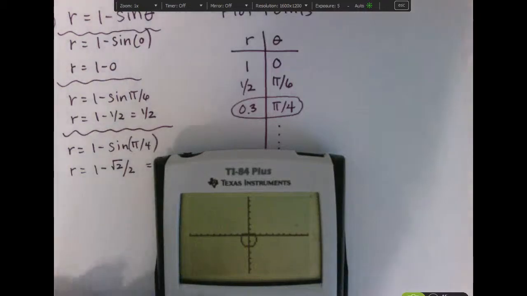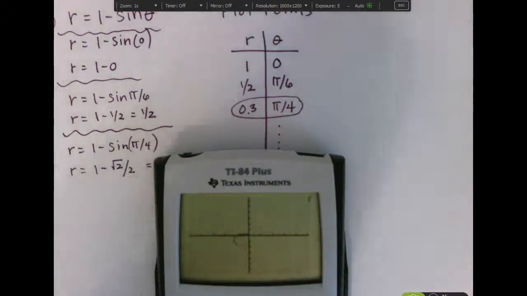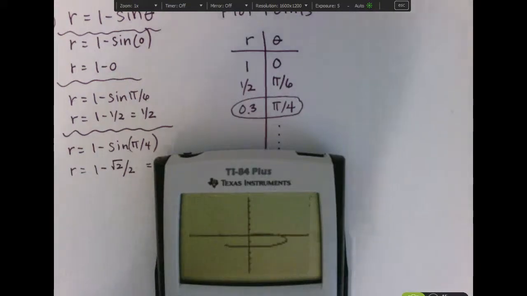So here's what we have. I'm going to minimize the window a little bit to try to zoom in on it, and maybe even more. And it's just a little slow to finish off.